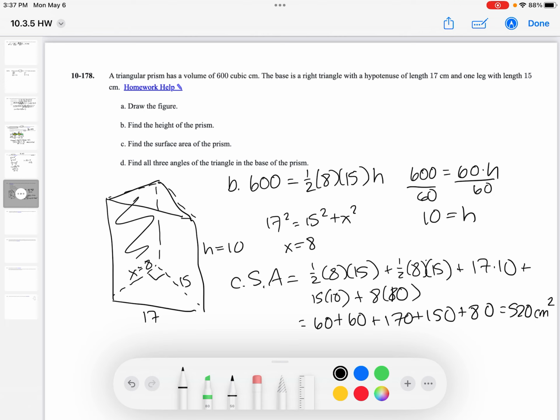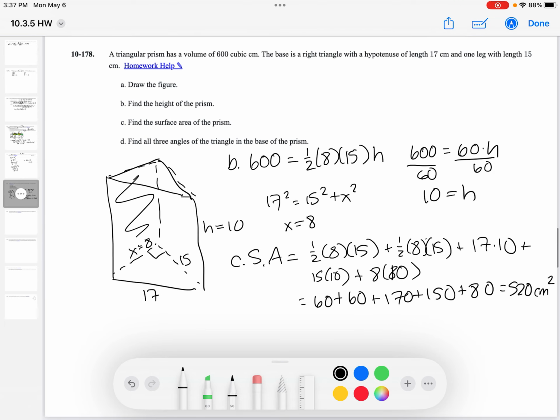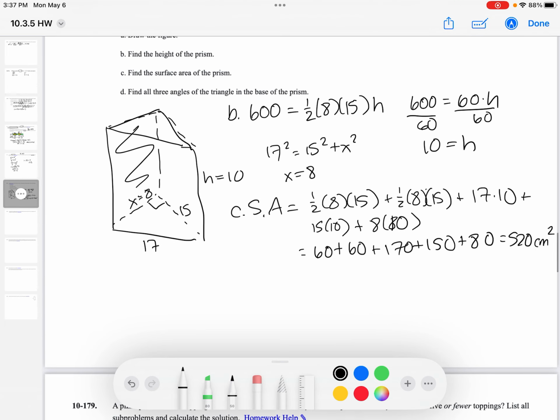Last thing, they want us to find the measures of the 3 angles of the triangle in the base of the prism. Okay, so let's write this out. We have 17, 15, and 8. We already know this one angle is 90, obviously. Let's find this angle. Let's call it theta. I could use any trig ratio that I want because I know all 3 sides, right? To find an angle, we're going to use an inverse trig ratio.